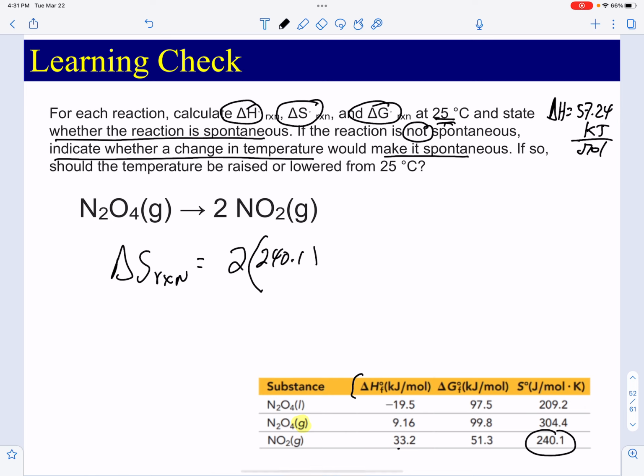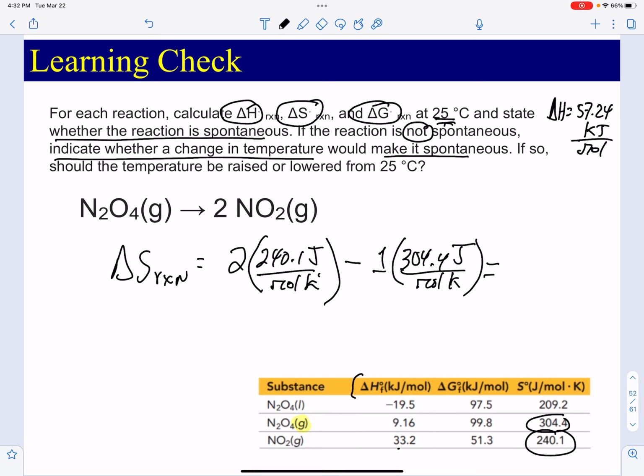These are going to be joules per mole Kelvin, minus the reactant. There's only one of them, and the value for the gas is 304.4 joules per mole Kelvin.